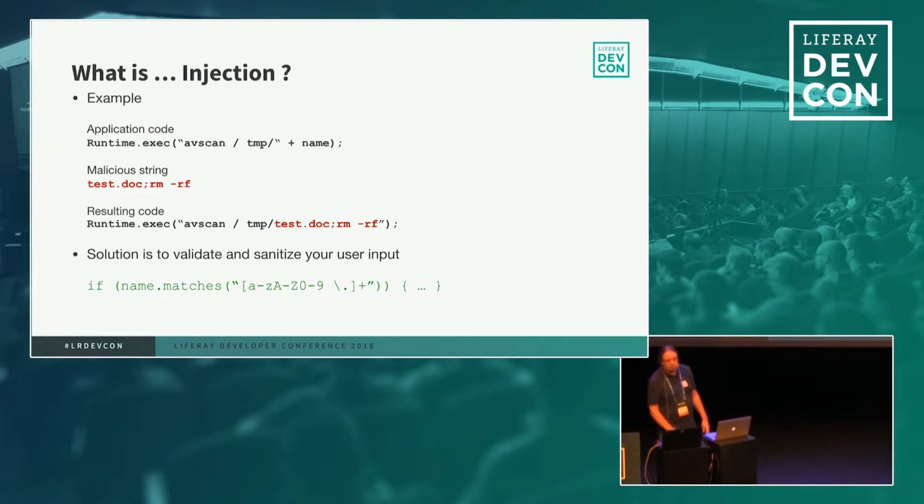But you've got a malicious user on your hands here, so he thinks, okay, I'm going to tweak this file name parameter. I'm going to put this red string in, which actually causes a second command to execute that deletes all your files on the server. That kind of makes your day, you know? You can see the final command that's being executed here.